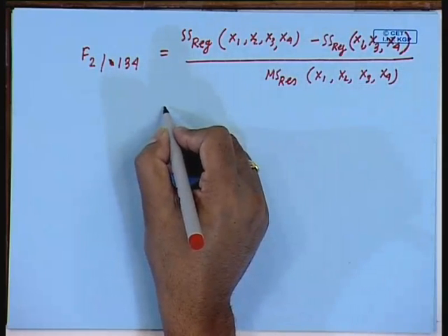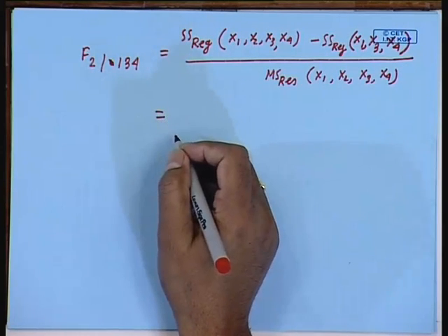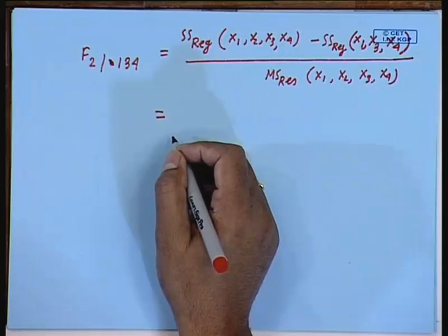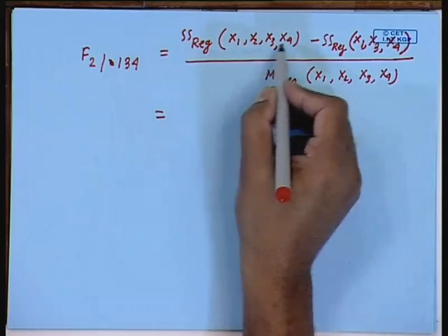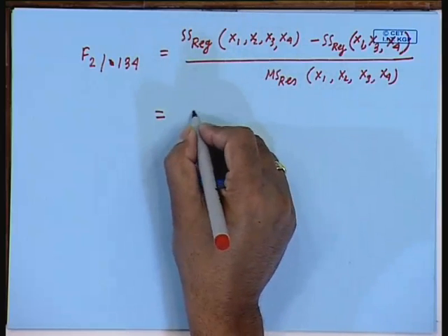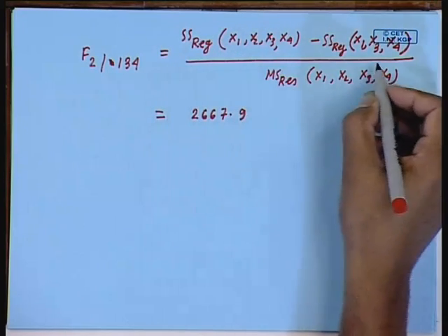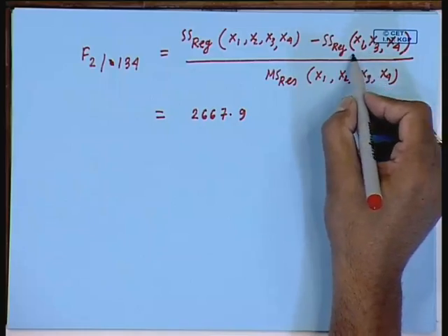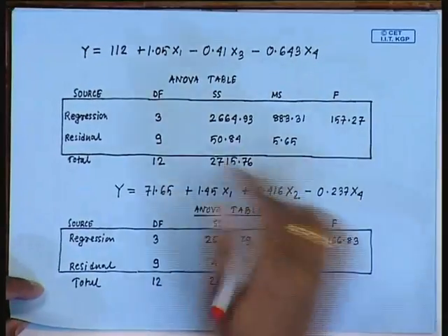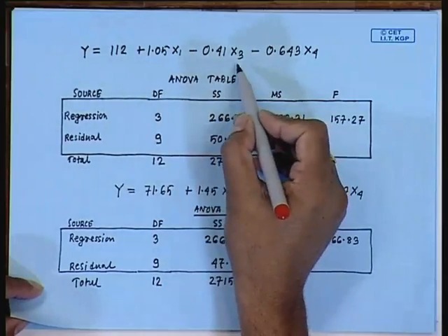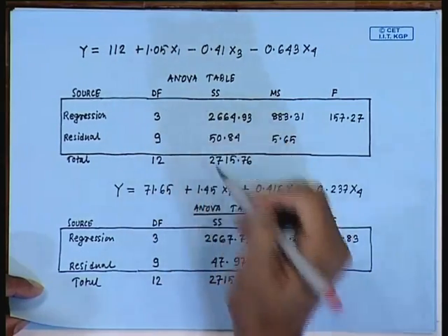Let me check whether I have the ANOVA table for this one. Yes, I have. We know that this SS regression is 2667.9. Now I need a model involving x1, x3, x4. So here is the fitted model, y on x1, x3, x4, and the ANOVA table here.